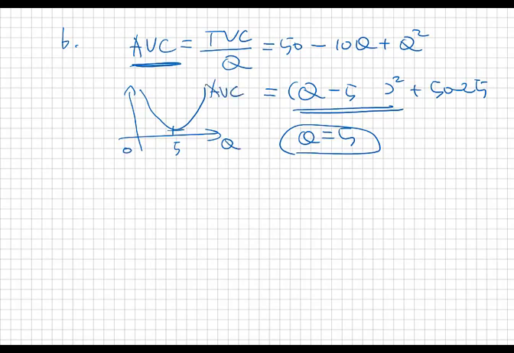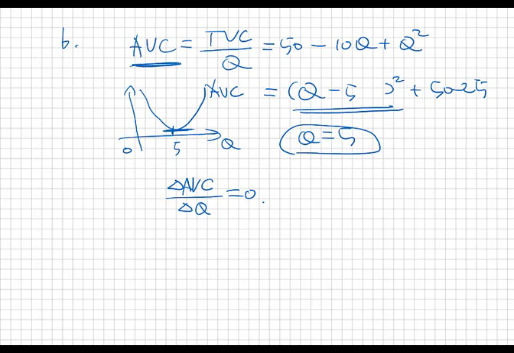To find the minimum, if you look at the graph, at that minimum the slope of the curve is 0, which means when you change Q by delta Q, the change in average variable cost equals 0. In other words, the derivative of average variable cost with respect to Q equals 0.